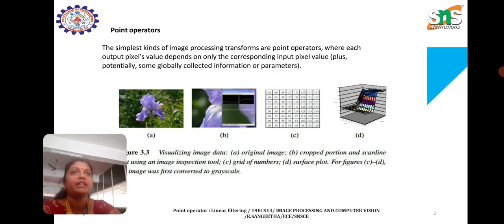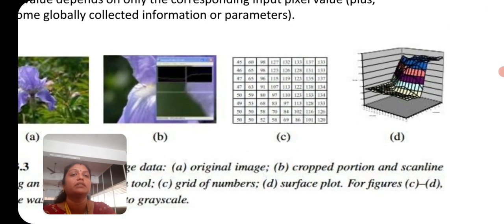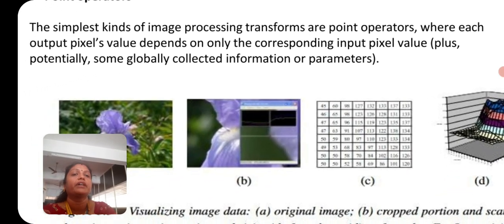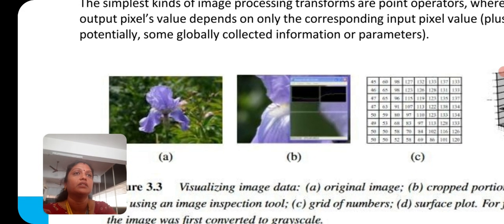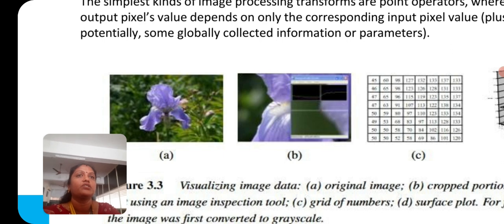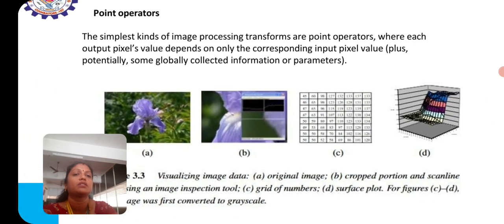The point operators are typically used to perform some basic enhancement, that is, thresholding, contrast adjustment, and various other pixel level transformations.